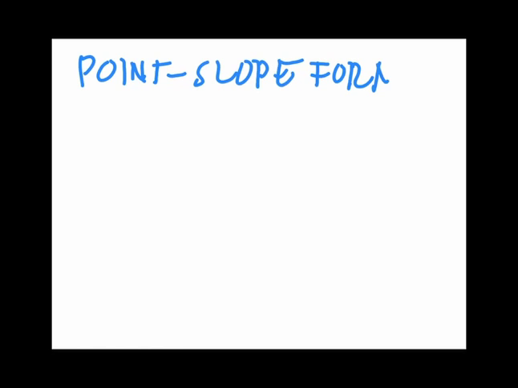Now, the point slope form of the line. So let me write here point slope form of the equation of a straight line. Okay, so here let me illustrate the point slope form of an equation of a line by drawing a straight line on a Cartesian plane.